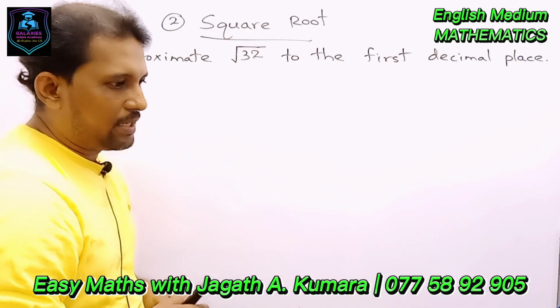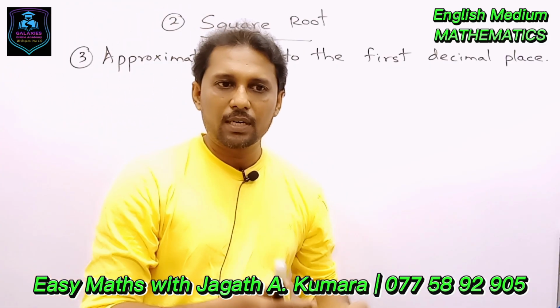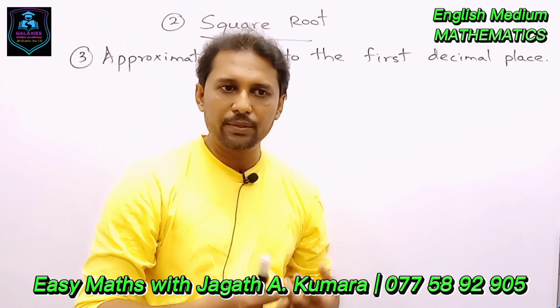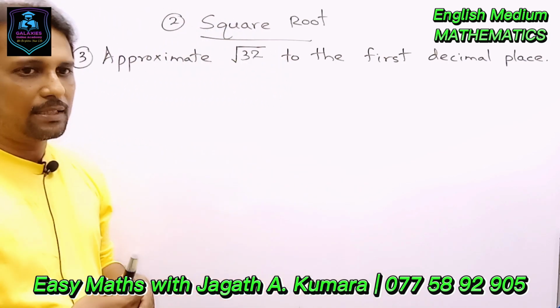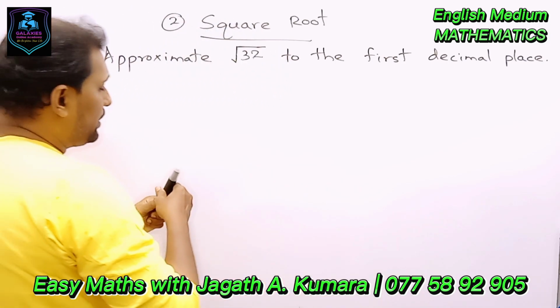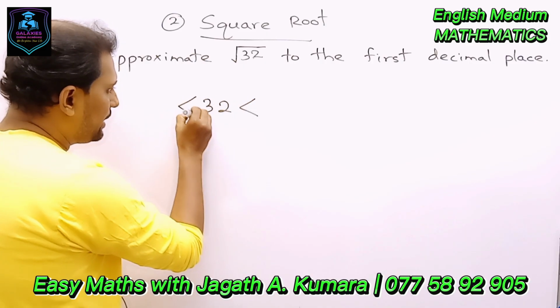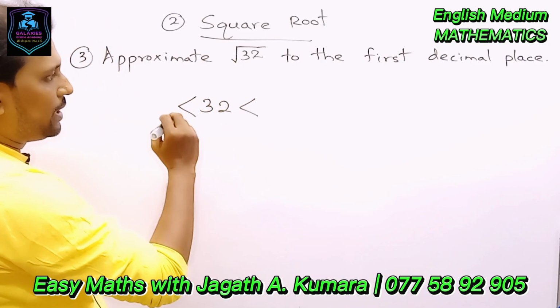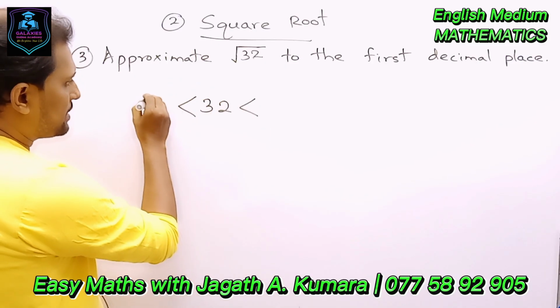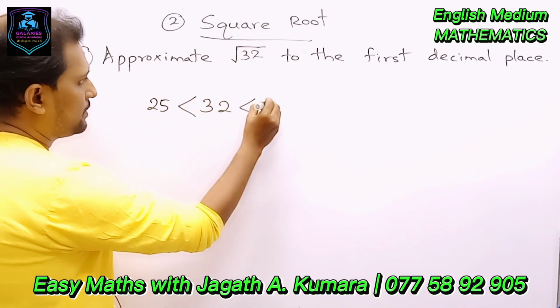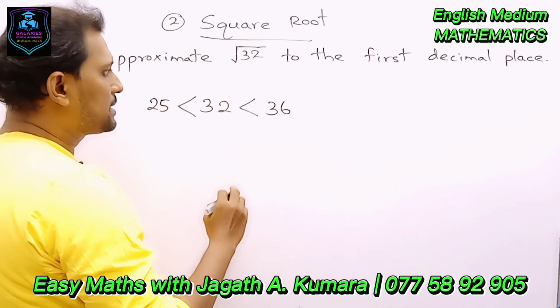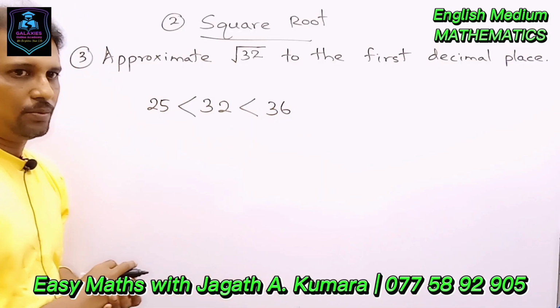You know the perfect square numbers 1, 4, 9, 16, 25, 36, 49, like that, no? So 32 lies between 25 and 36. They are the two square numbers either side of 32.